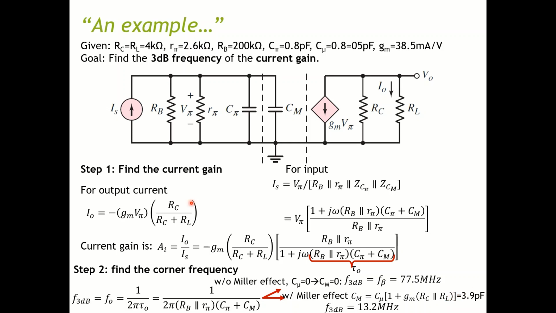And the Miller capacitance in this case is approximately 5 times larger than C pi, right? So this means that the actual transistor bandwidth is approximately 6 times less than the bandwidth expected if the Miller effect is neglected.